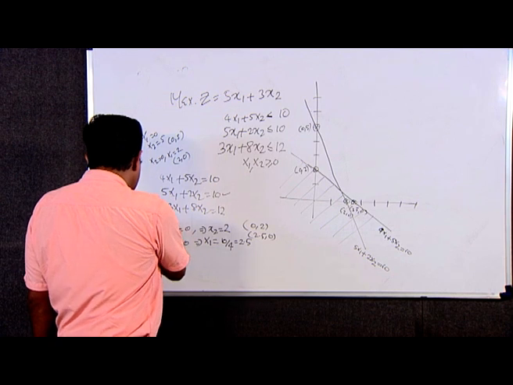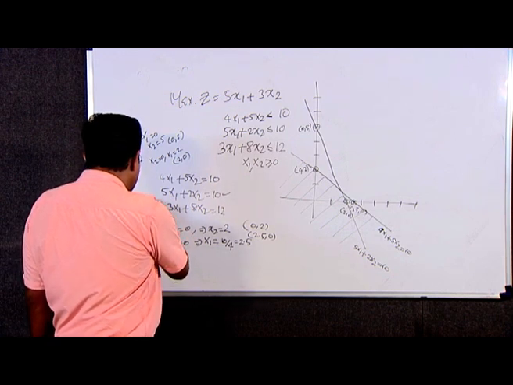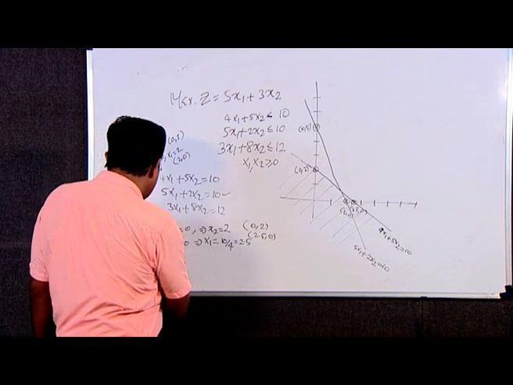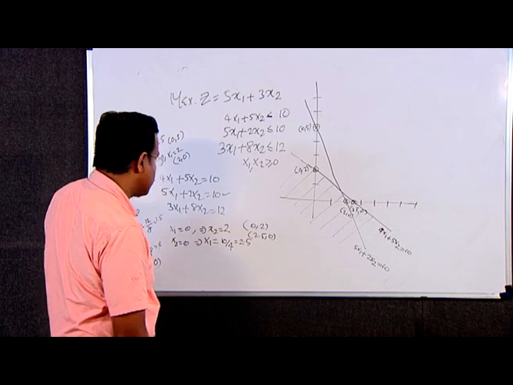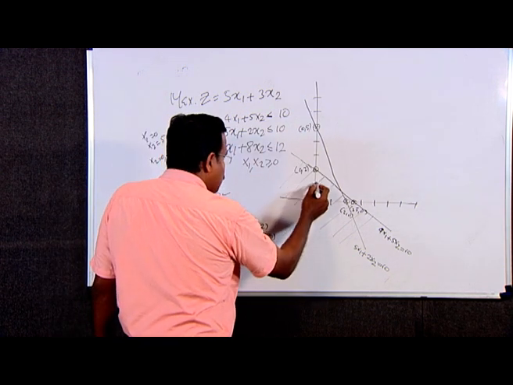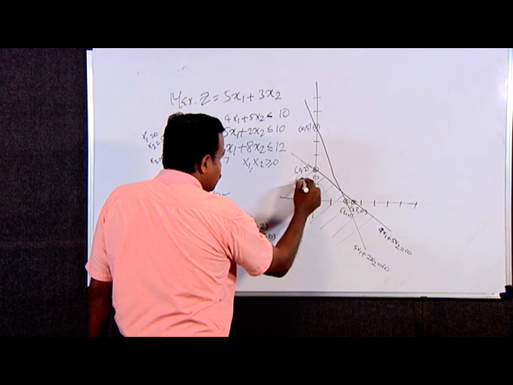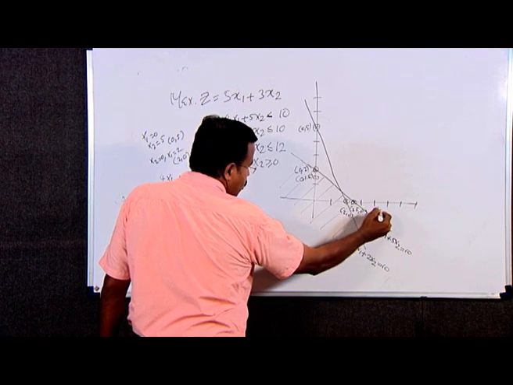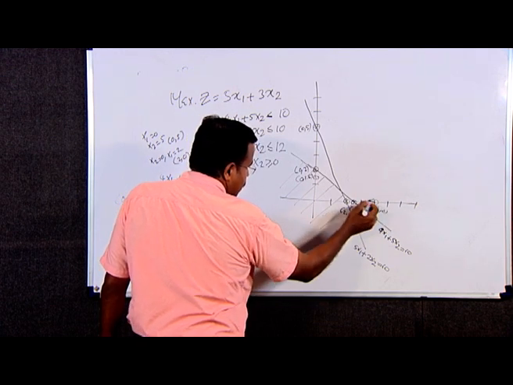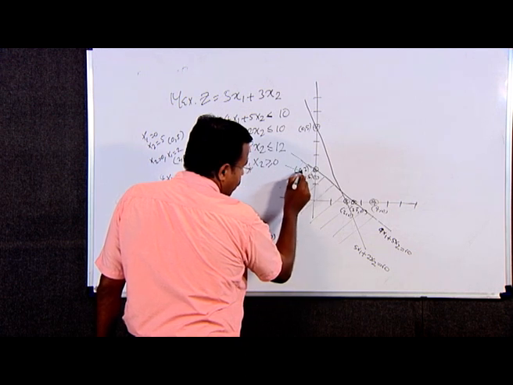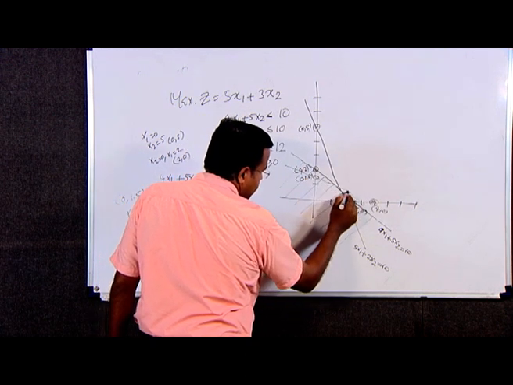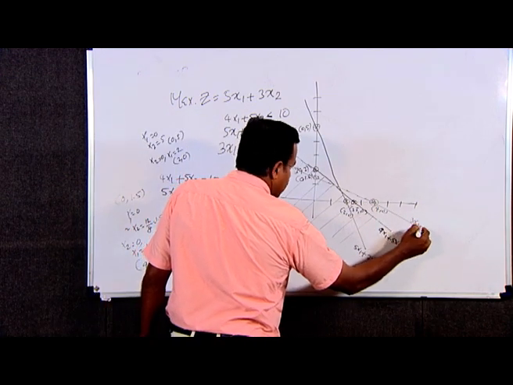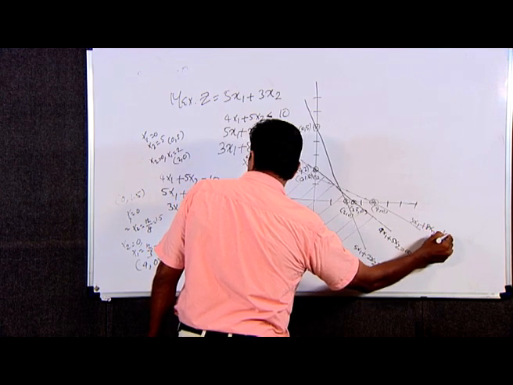So, the points are (0, 1.5) and (4, 0). Joining these 2 points, we are getting another straight line, that is 3x1 plus 8x2 equal to 12.